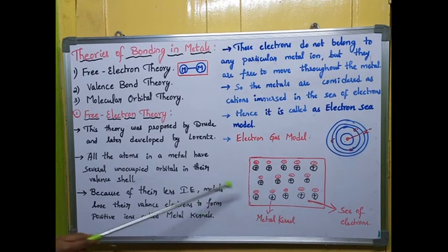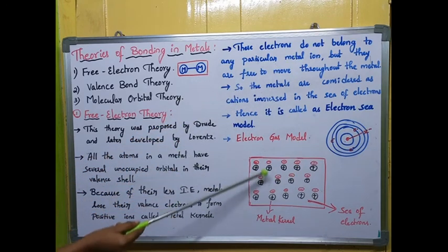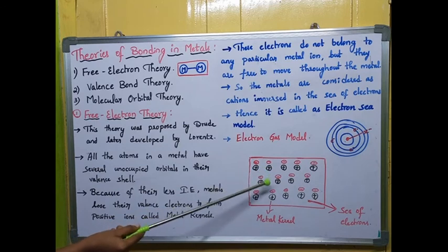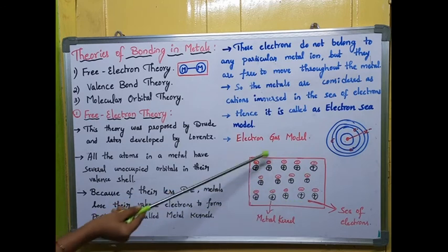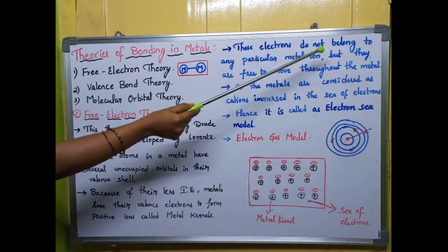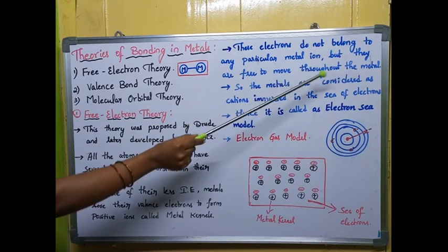So the electrons lost from the valence shell do not belong to any metal atom. They are free to move throughout the metallic crystal. Because of the empty orbitals, they are free to move throughout the metallic structure. These electrons do not belong to any particular metal ion, but they are free to move throughout the metal.